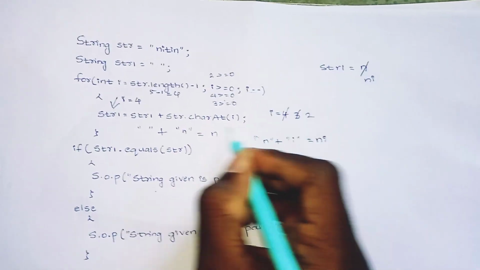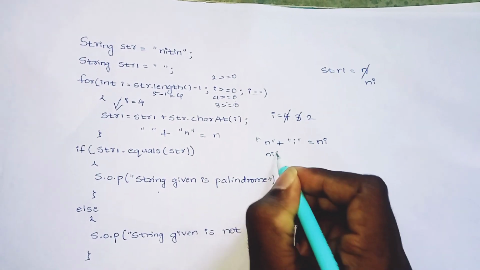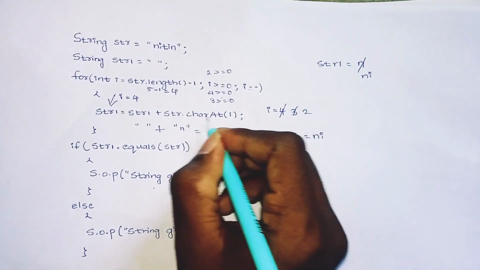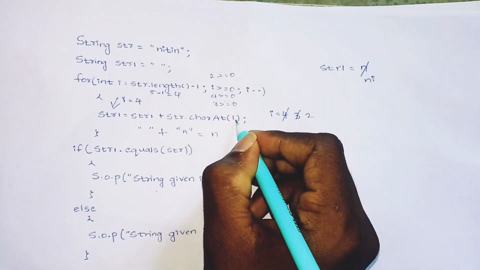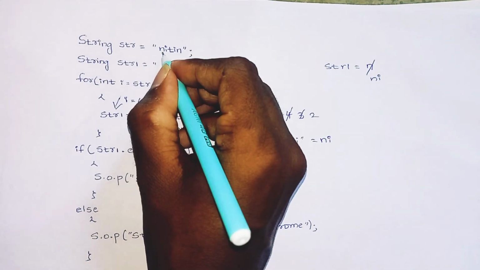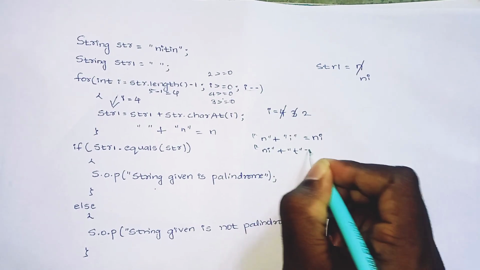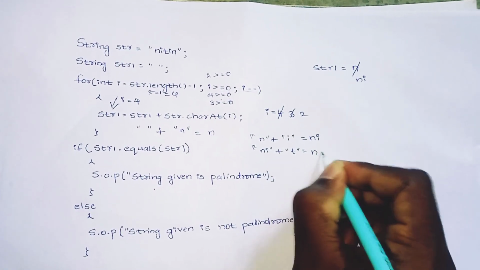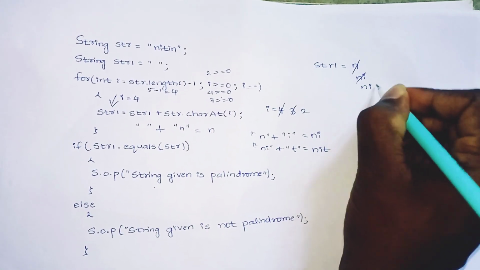So the str1 updated value is ni plus str.charAt(i). So the i value will be 2. At the second index, what will the value be? 0 1 2, t. Now as we are performing concatenation, the output will be nit. The updated str1 value will be nit.